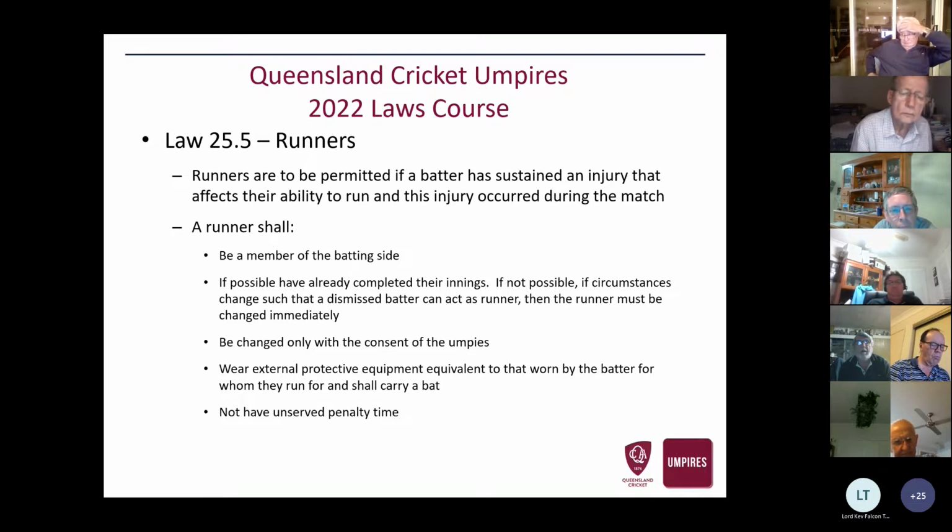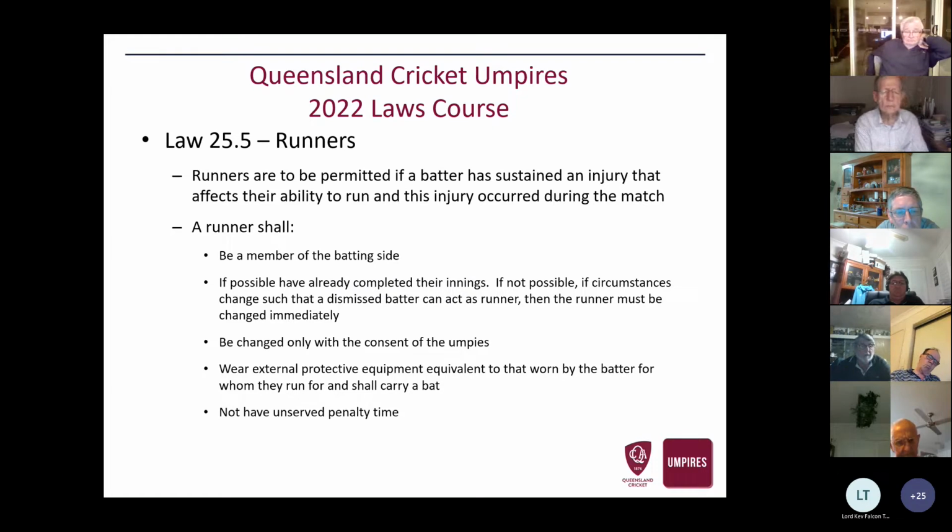A runner will be a member of the batting side, and wherever possible have already completed their innings. Where that's not possible, i.e. an opening batter requires a runner, as soon as circumstances change such that a dismissed batter can act as runner, so at the fall of the first wicket, then the runner must be changed immediately.